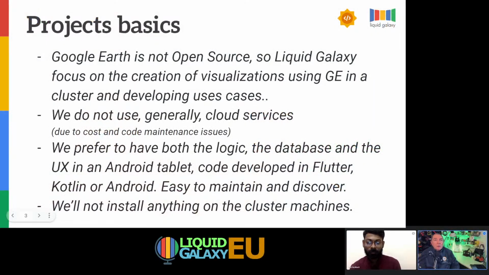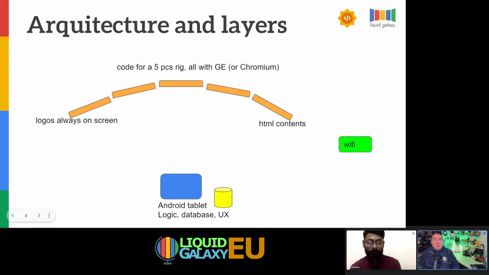Okay, let's continue. So this will be the overview of what we talked about. This is the architecture. We usually have a Liquid Galaxy rig. The minimum is 3 screens. You can have 7 or any number. And also think that you can have not one but several rows.